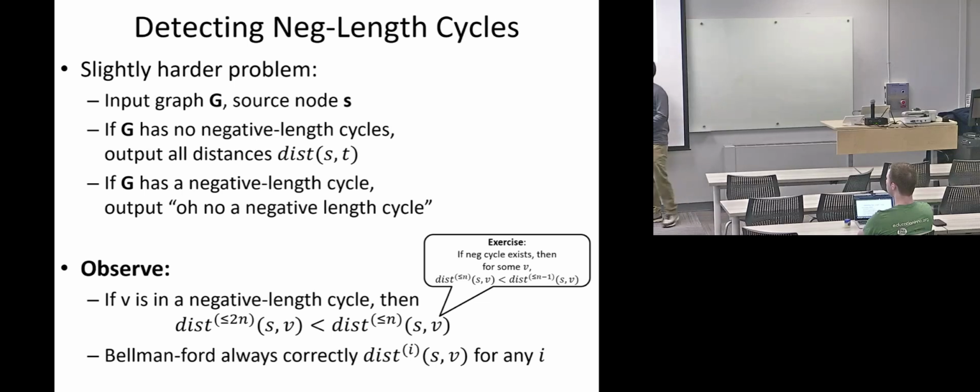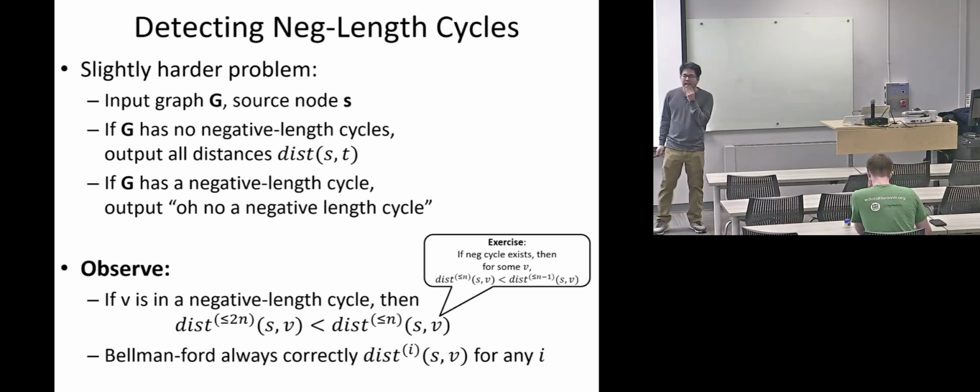Well, the simple observation is this. Suppose that a node V is in some negative length cycle. Then I claim that if you compare distance at most n hop from S to V and distance at most 2n hop from S to V, then this one will be strictly less than this one.